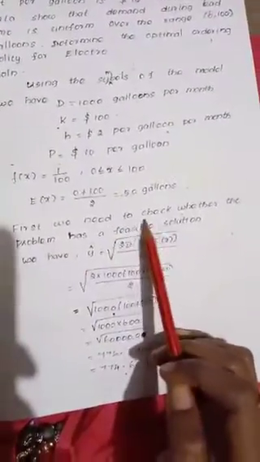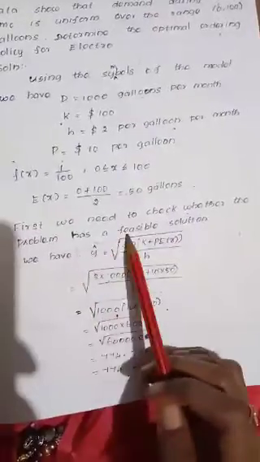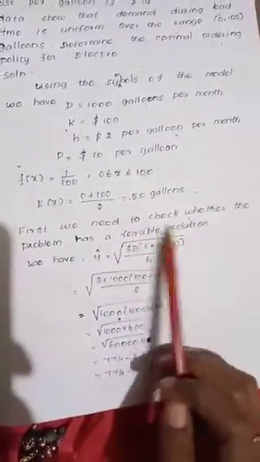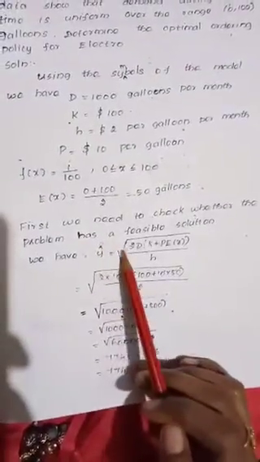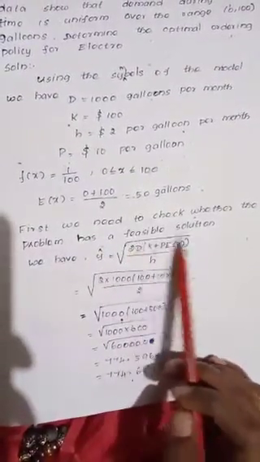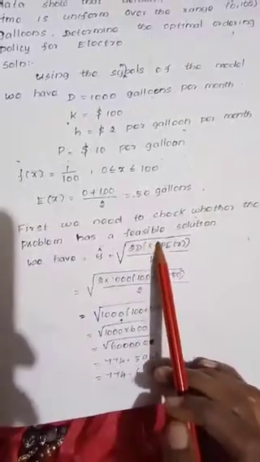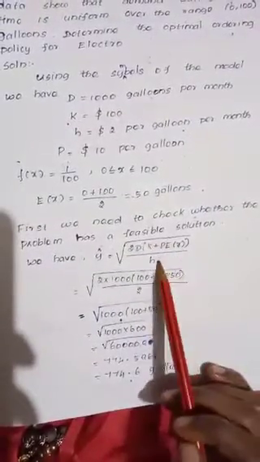First we need to check whether the problem has a feasible solution. We have y cap is equal to root of 2DK plus P E of x by h.